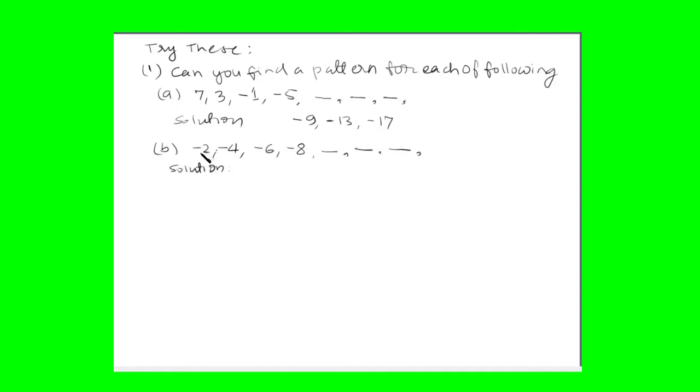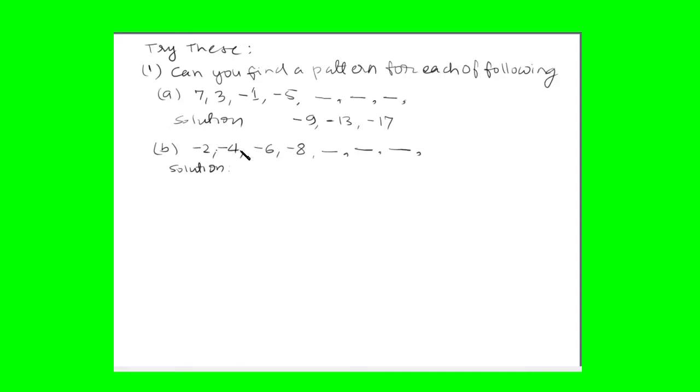Part B of the question: the pattern given is -2, -4, -6, -8. If we subtract -2 from its next number, -4, what do we get? There is a difference of -2. So -2 added to another -2 gives -4.